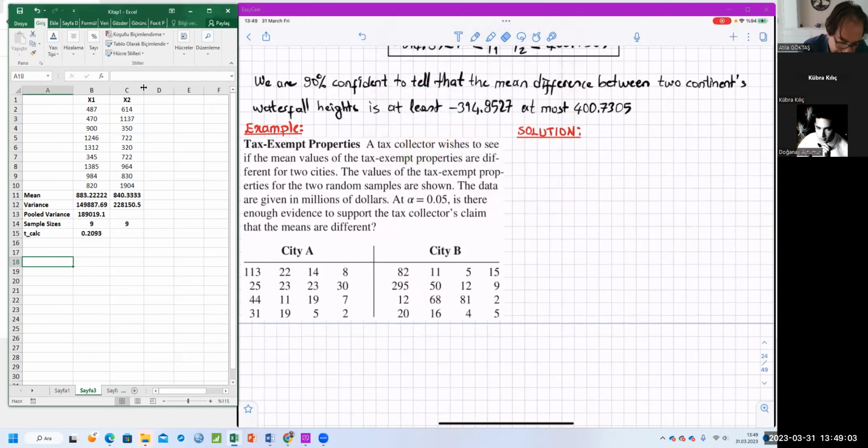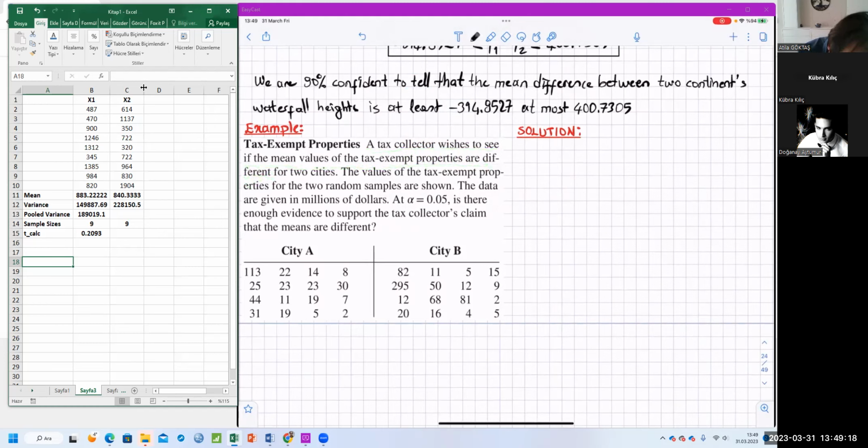So once you see the statement that it wishes to see if the mean values of the tax-exempt properties are different, you see the difference? It tells you that this is double-sided also.